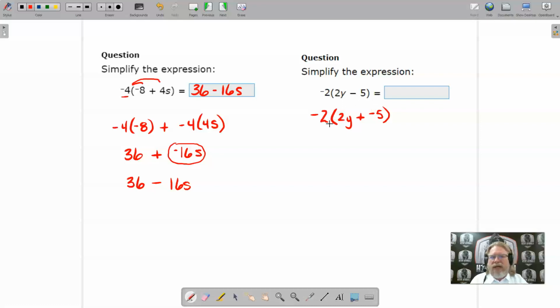We can kind of start taking shortcuts. We don't have to write everything out. We could say 2 times negative 2 is negative 4, and the y goes along for the ride. And negative 2 times negative 5 is a positive 10, and we bring down our plus sign.